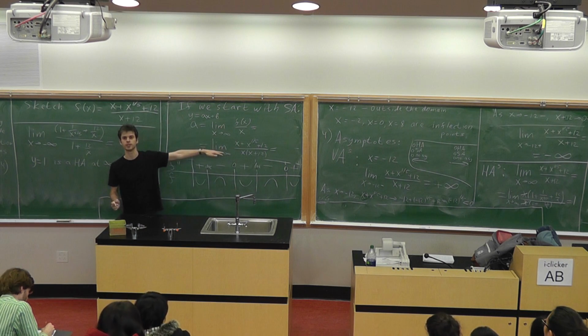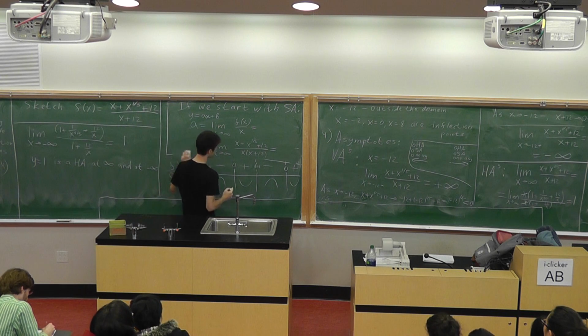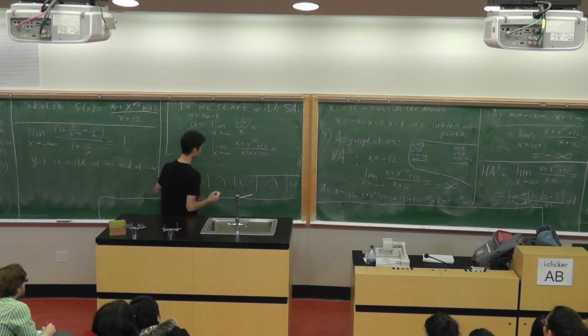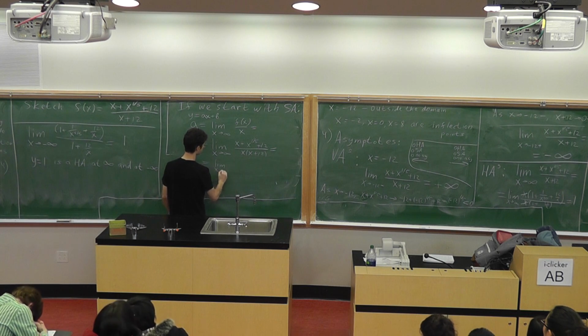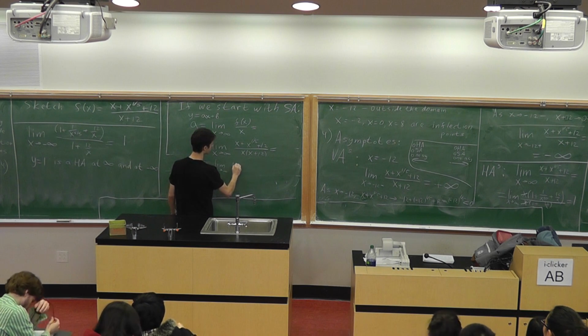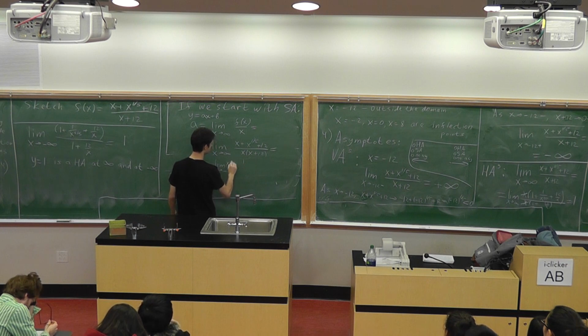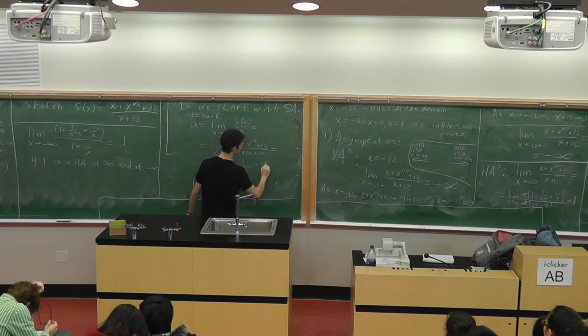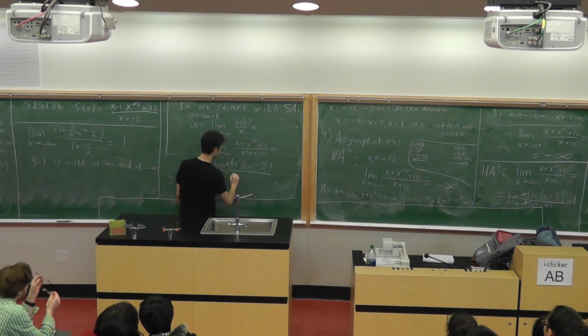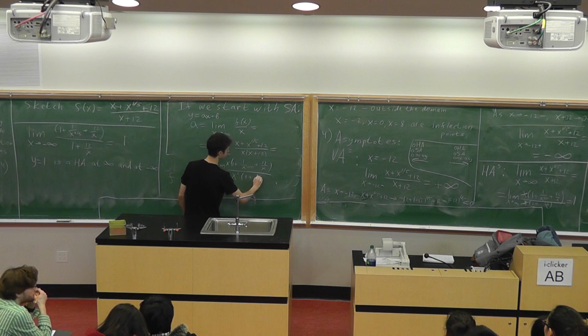Well, what is this limit? Let's factor out the largest powers and see. It's the limit as x goes to infinity of x times (1 plus 1 over x to the power 4/5 plus 12 over x), over x squared times (1 plus 12 over x).